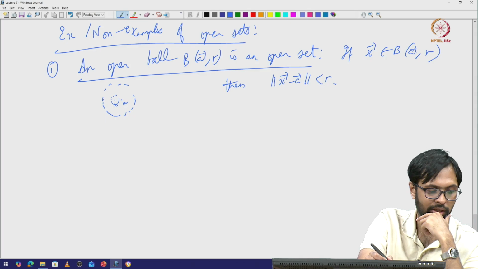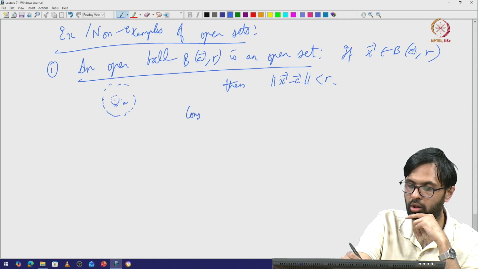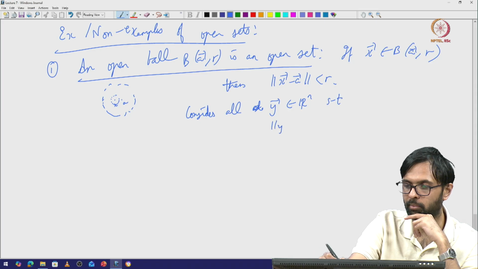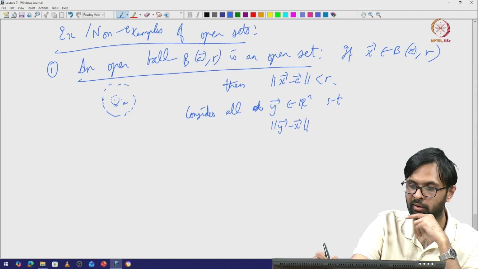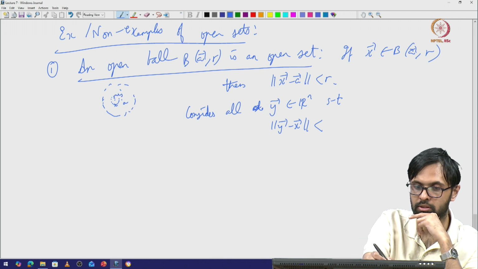So, in other words, consider all y in Rn such that the distance from x is not too large. How large can it be? Well, if this distance from x to A is r, it can be at most this much, right.